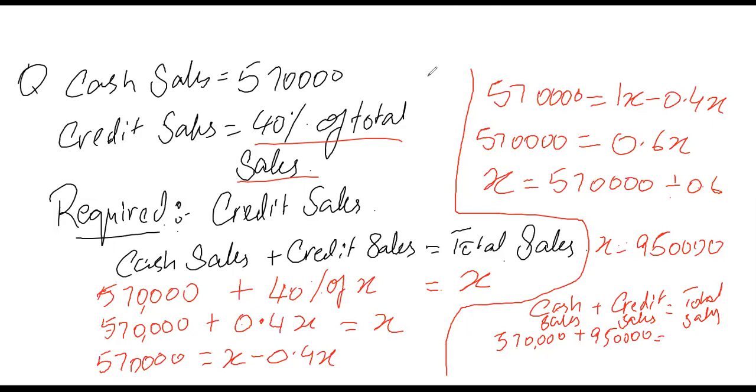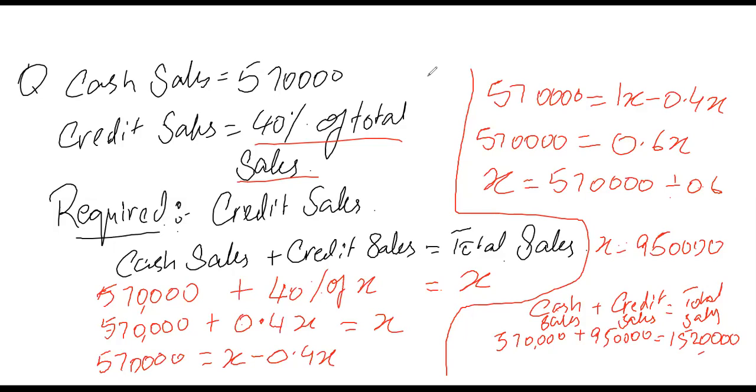This gives me an answer of, I guess, 950 plus 570 is 15 lakh 20,000 rupees. The most simplified formula. Now, if I'm given, let's suppose, receivables, I'll be dividing those receivables.